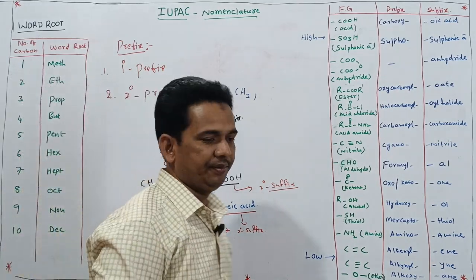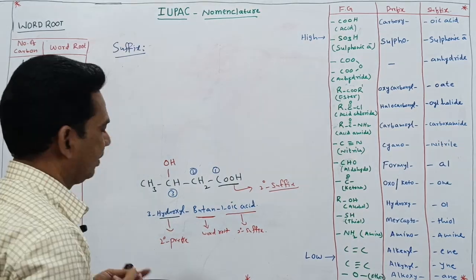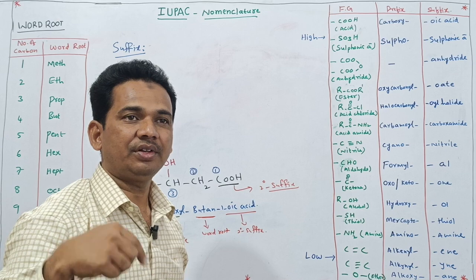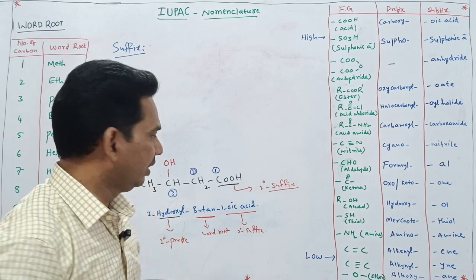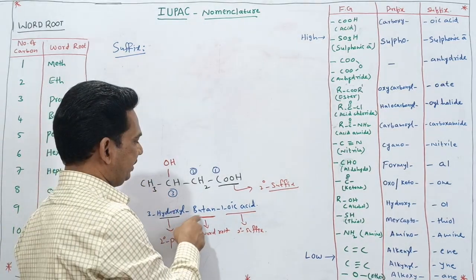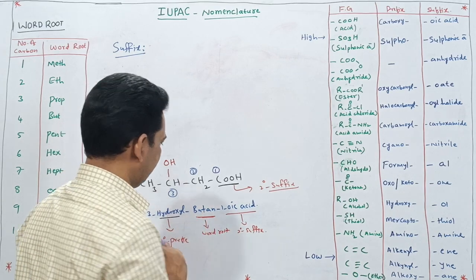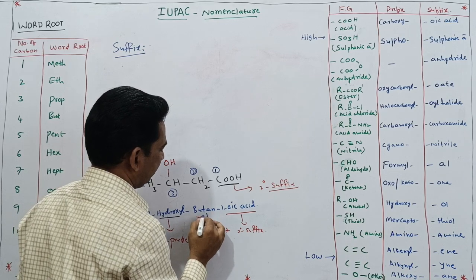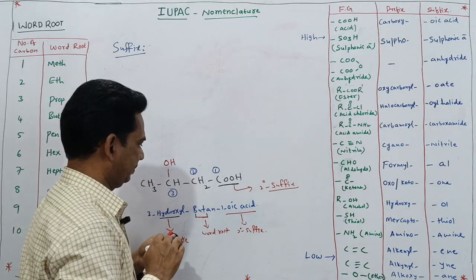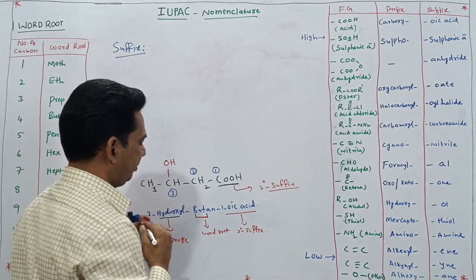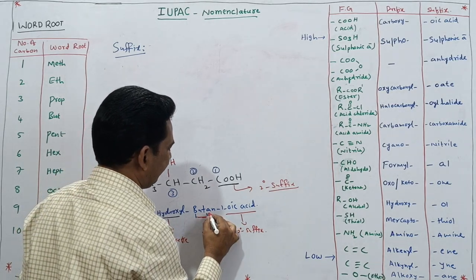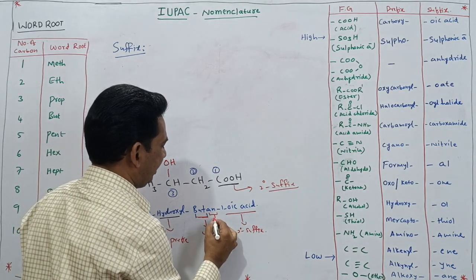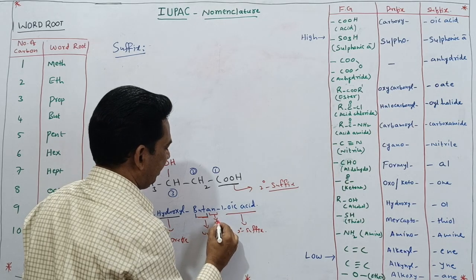Now we will go for the suffix. Suffix is, as I already told you, what we mention after the word root. Here the word root is but. But is the word root. An tells about the nature of this compound, whether it has a single bond, a double bond, or a triple bond.